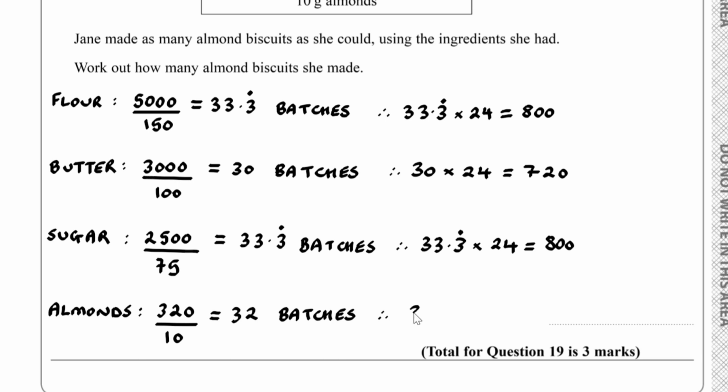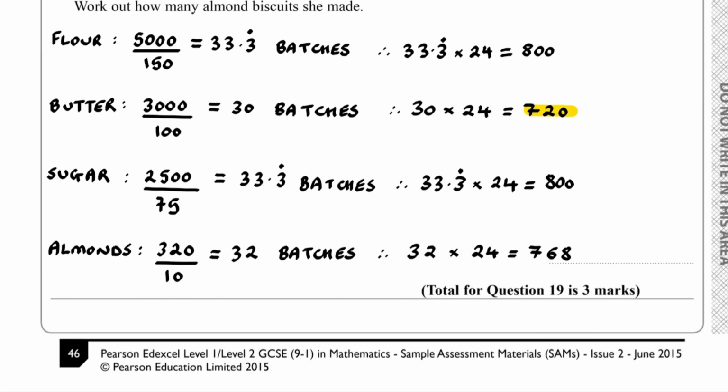And therefore, if I do 32 times 24, I get 768. So what I'm restricted by is the amount of butter I have. And therefore, the greatest number of biscuits we can make is 720. So she can make 720 biscuits.